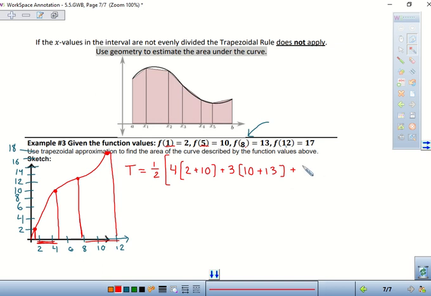It's, again, it's 4 actually. So it's going to be 4, and then it's going to be 13 plus 17. And then you would just do the math here. So it's just a lot of plugging in numbers. And you should end up with 118.5.